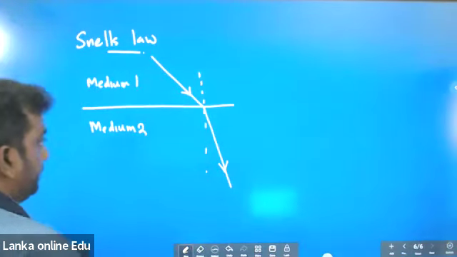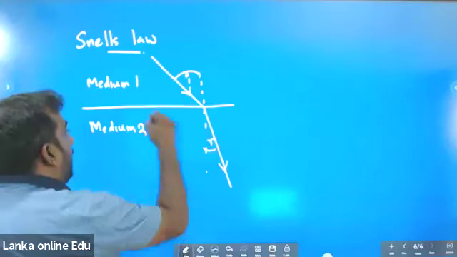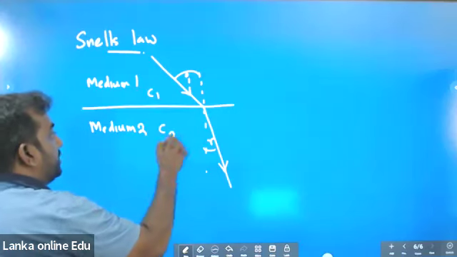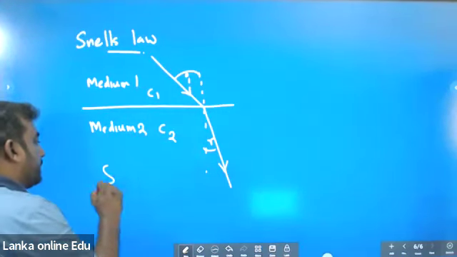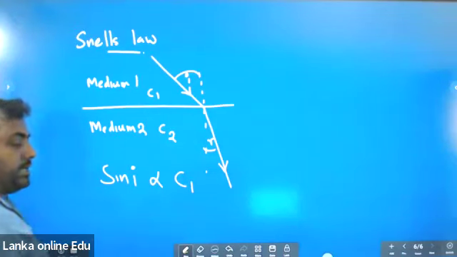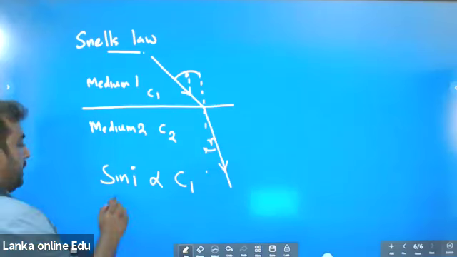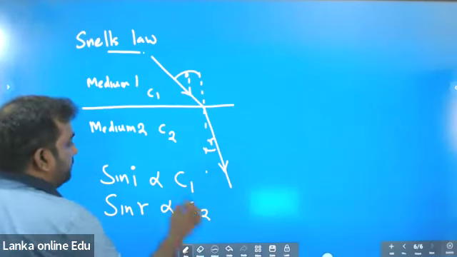Observe this carefully. Here there is angle I, here there is angle R, here speed C1, here speed C2. So what does Snell's law tell you? Sine angle made with the normal is directly proportional to the speed of light in that medium.